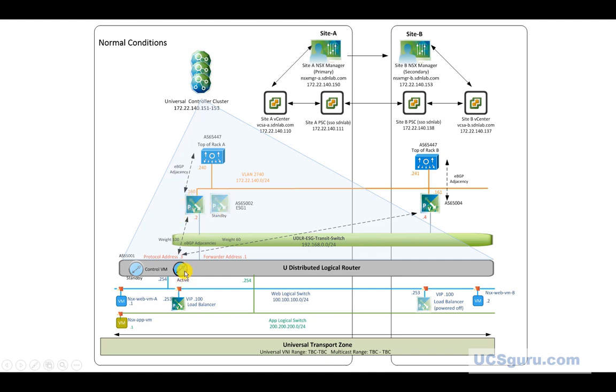That DLR control VM definitely needs to move across, because as you can see, without it there would be no layer 3 adjacency, and your logical switch prefixes will not be advertised out, because obviously they're relying on a dynamic routing protocol there.